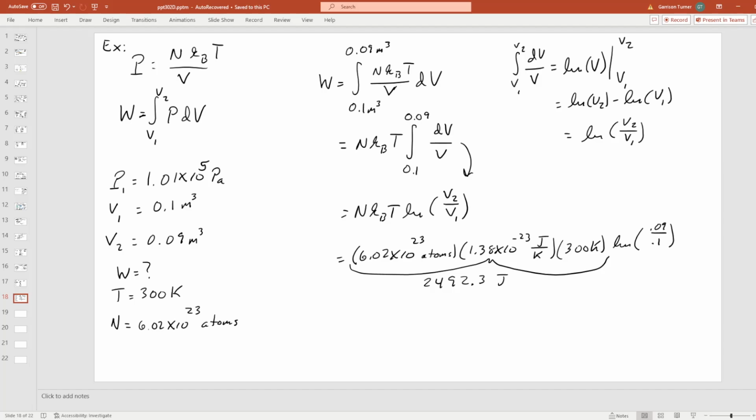Atoms is unitless, and Kelvin cancels with Kelvin, and so we're left with joules. And notice that the natural log of 0.09 divided by 0.1 is also going to be unitless, because it's a volume over a volume. And so if I take 0.09 divided by 0.1 and take the natural log of that, it is negative 0.105.